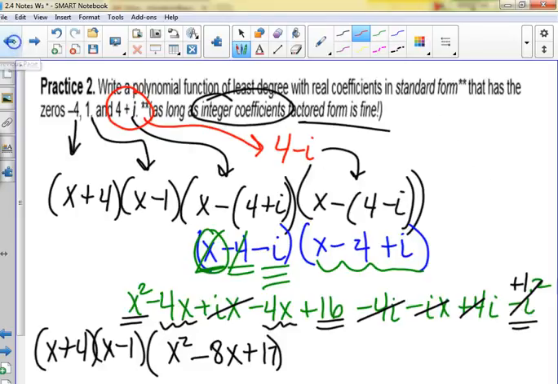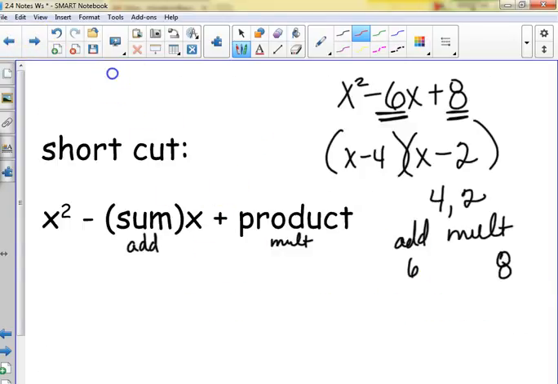The zeros were 4 plus i and 4 minus i, yes? Okay. Can you add those together? Do you remember your complex numbers? What happens when you add those together? You get 8, yes? Now multiplying them is a little bit trickier, but it's not that bad. What happens? Yes, we FOIL.